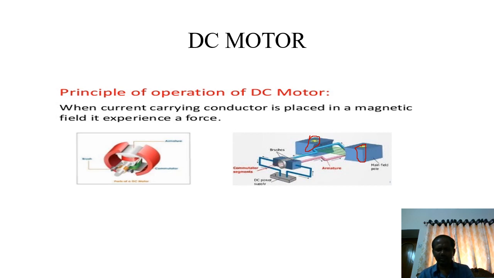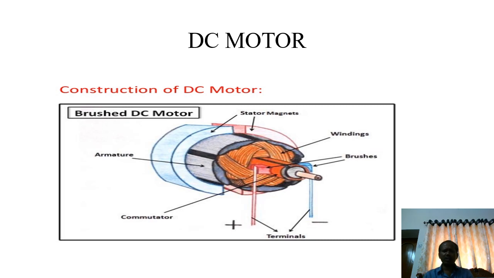Similarly, we are going to see the construction details of the DC motors. This is the stator magnets. This is the armature, these are the armature windings, and the brushes.